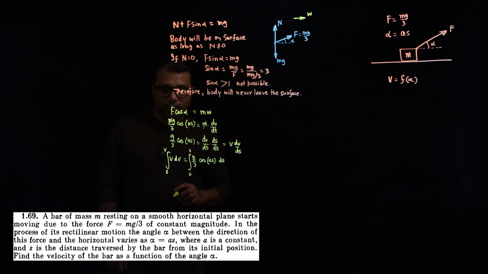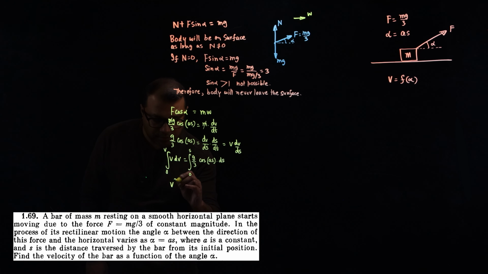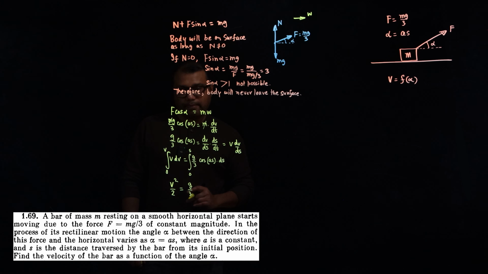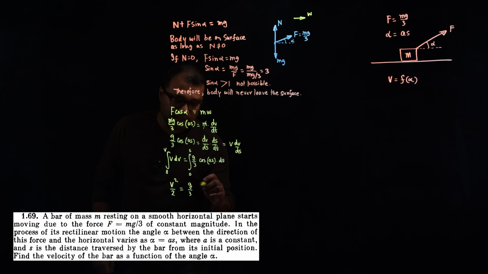So this becomes v square by 2, and this side we can take g by 3 outside. Integral cos as ds will be sine as by a, and limits are 0 to s.